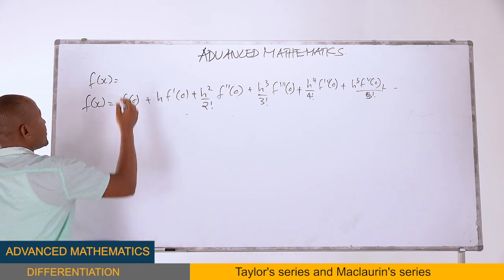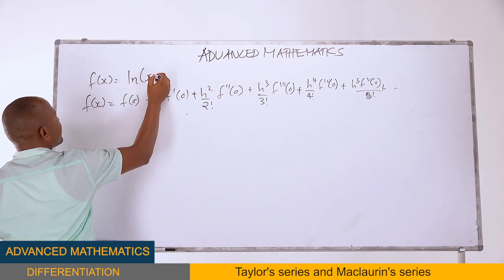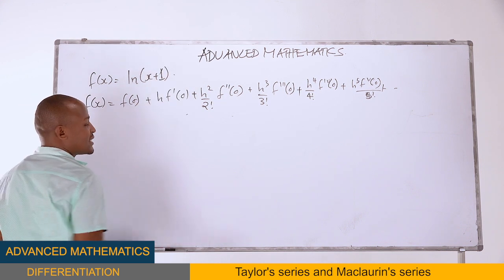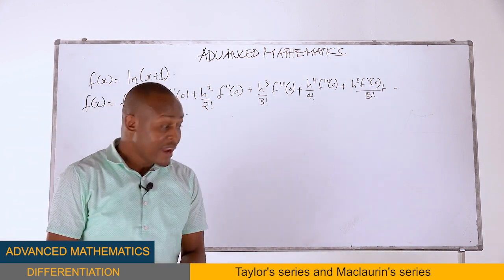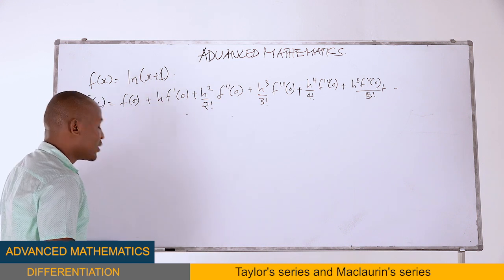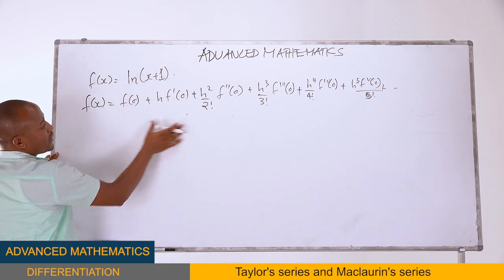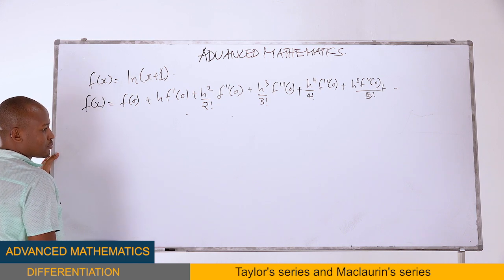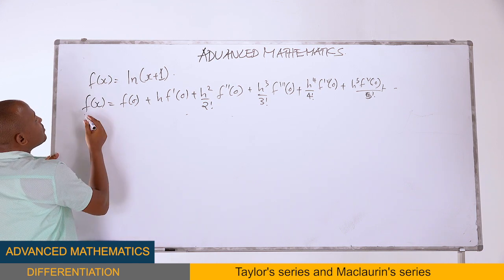So now our function is natural logarithm of x plus 1. Now we have to find the derivatives, and then after that, we write that in that form. How will it look? Let's see.